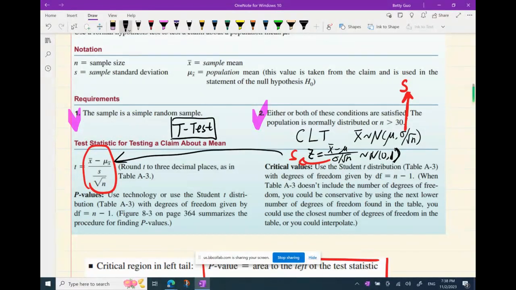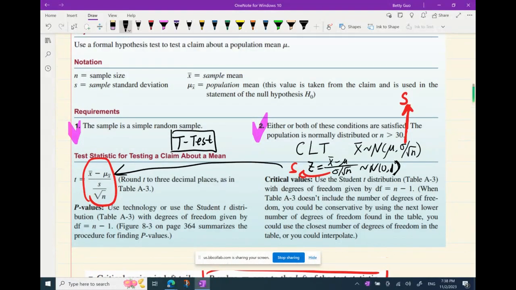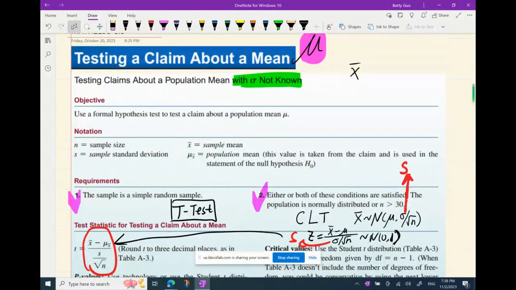Using a t-test to test a claim regarding population mean mu also has two different methods. The first method is the critical value method, the traditional method. The second method is the p-value method. Both of them we covered on Tuesday when we learned how to test a claim regarding a population proportion.